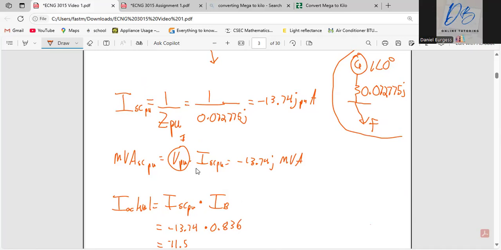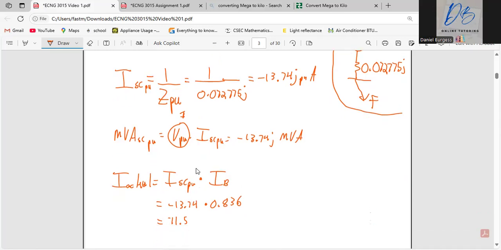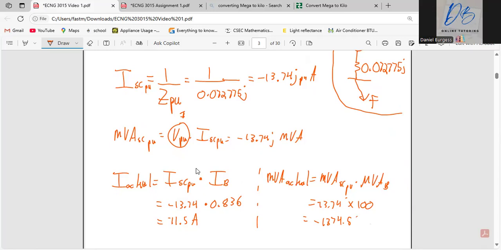So we get negative 11.5 amps, and then here MVA actual is equal to MVA short circuit per unit by MVA base. So it'll be negative 13.74 multiplied by 100 to end up at negative 1374.5 G MVA.